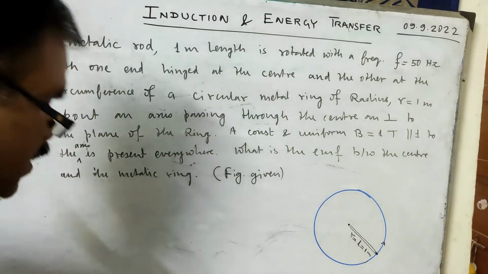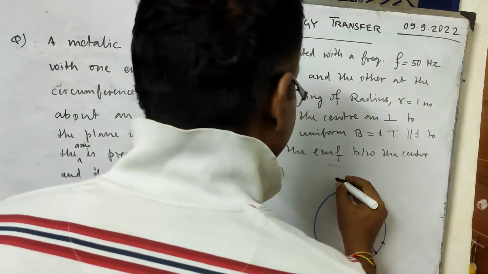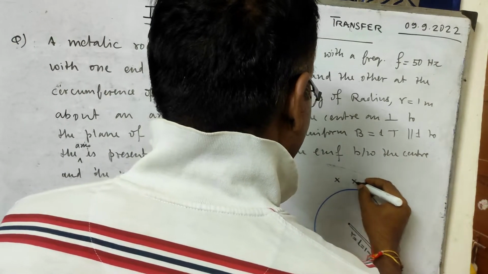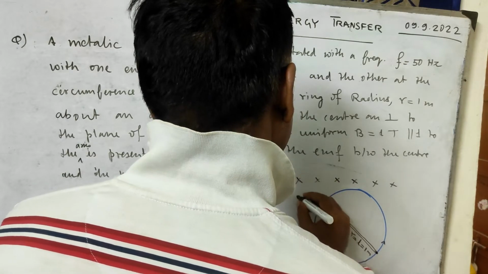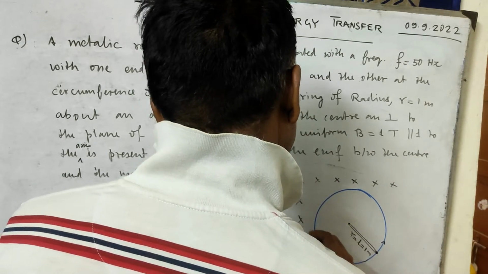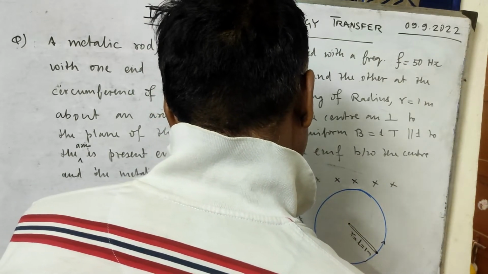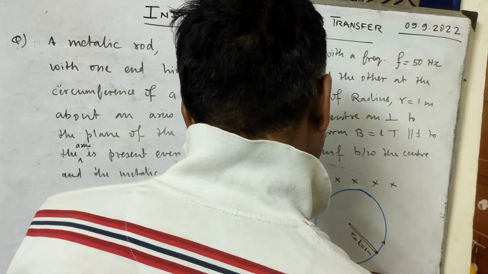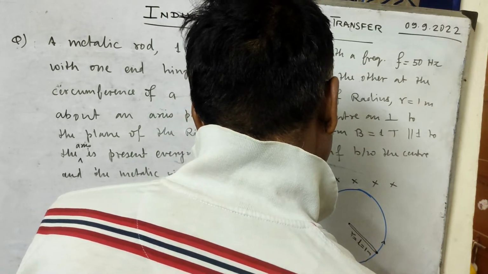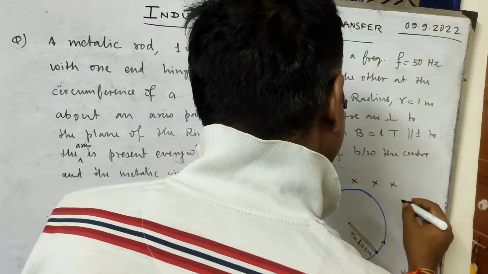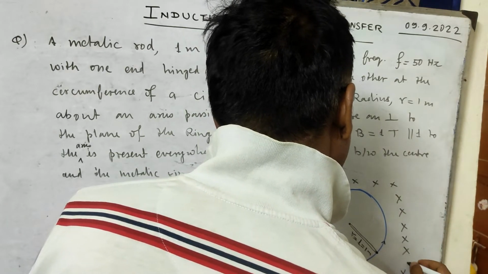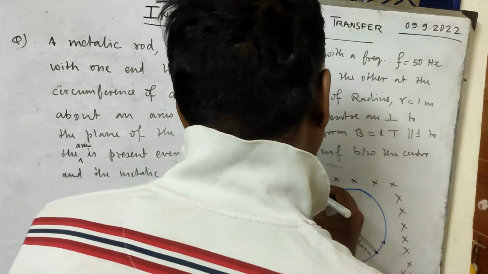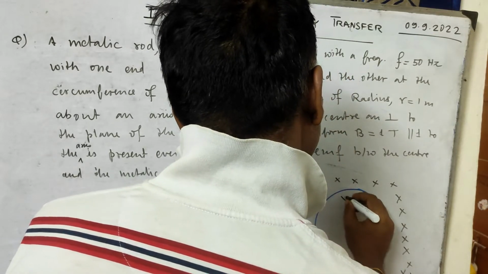So I will take the field like this, going in, present everywhere. Is it tallying with the given figure? Yes. The field direction is inside. Okay.